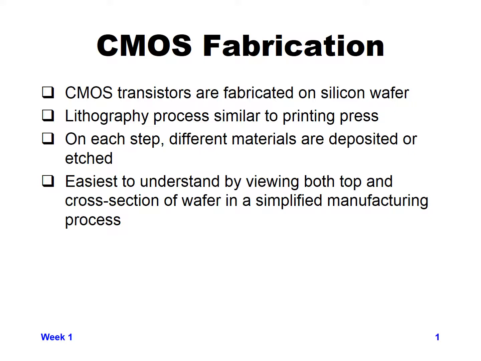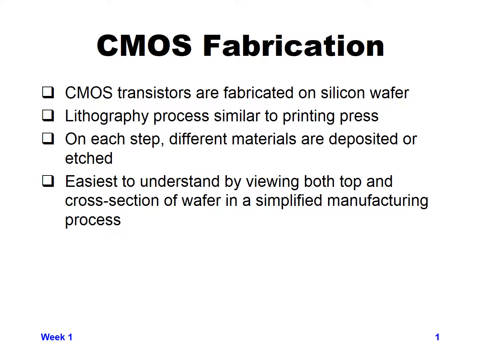So again, CMOS transistors are fabricated on silicon wafers for the vast majority of all integrated circuits. And in order to get the logical functions and connections that we need, we use a photolithography process, similar to how a printing press would work, and use different steps in that process.